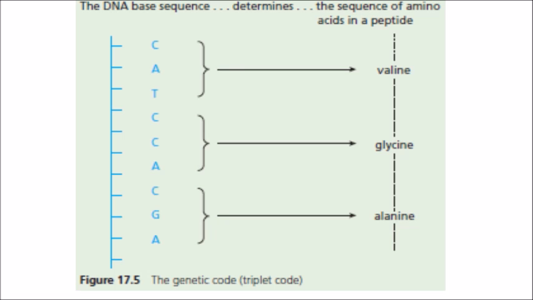Now, a gene is when a full protein is made, not just a small peptide, but a full protein. So when you join hundreds of these amino acids, with hundreds more of these bases, you will make eventually a protein. And once you've got a code for a protein, that would be called a gene.